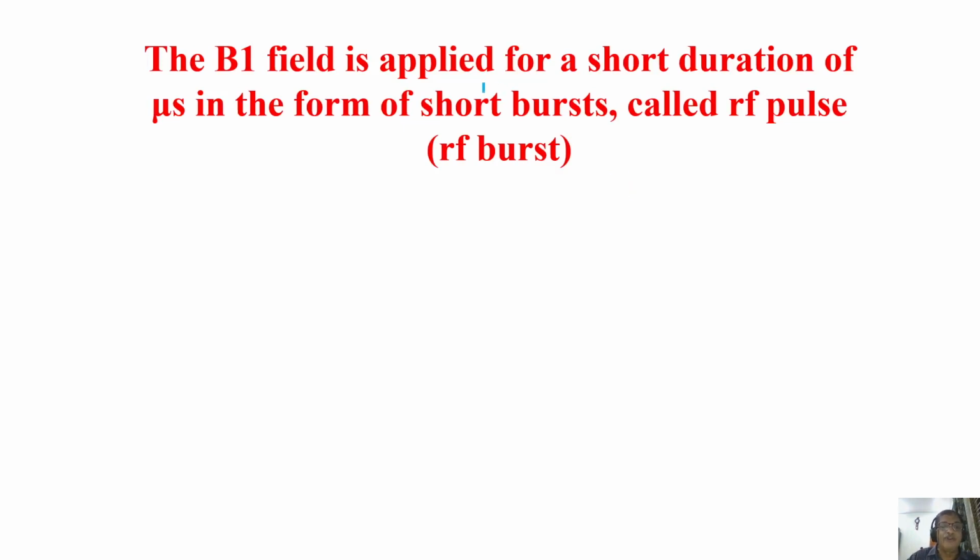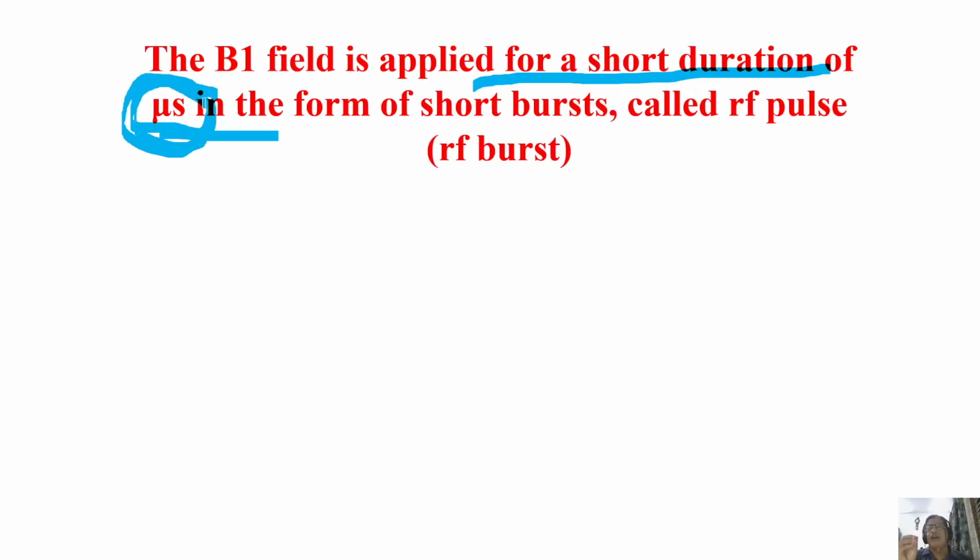When you apply the B1 field, it is for a short duration of microseconds to milliseconds, a very small value, 5 microseconds, 10 microseconds. In some special examples, we apply 1 millisecond. Don't worry. But most of the time, for excitation of the spins, we apply only 5 microseconds to disturb the spins from equilibrium to non-equilibrium. We apply only a microsecond pulse.